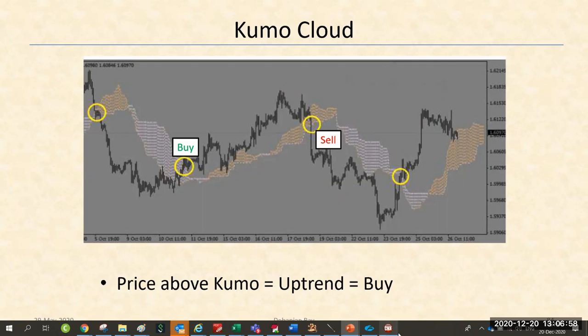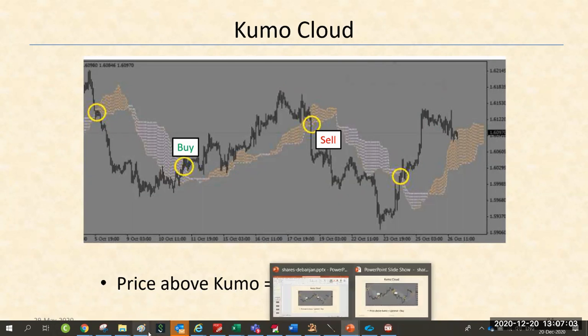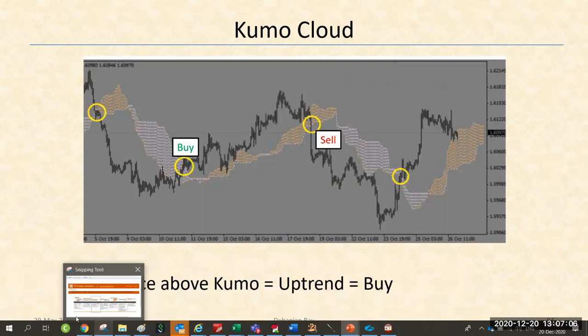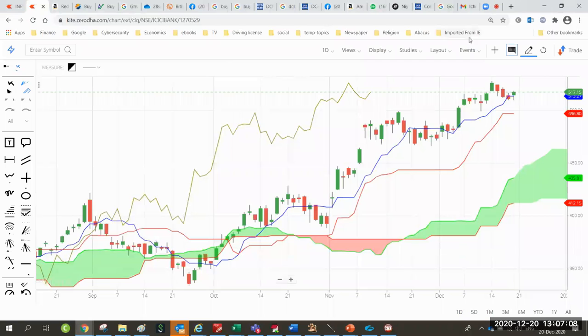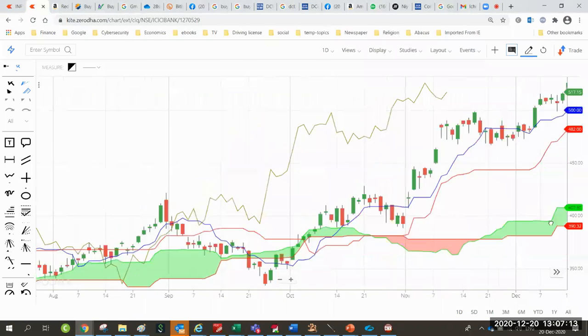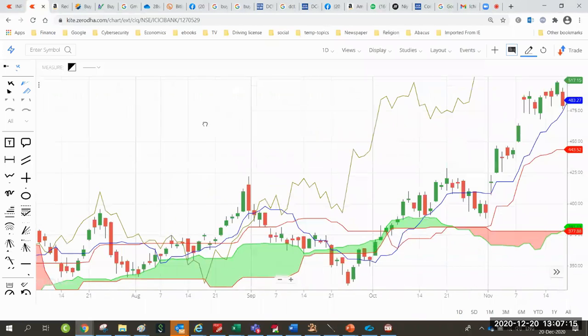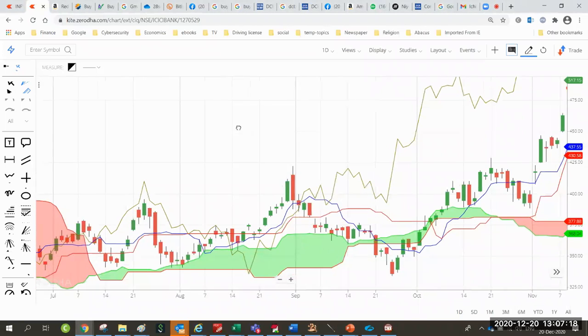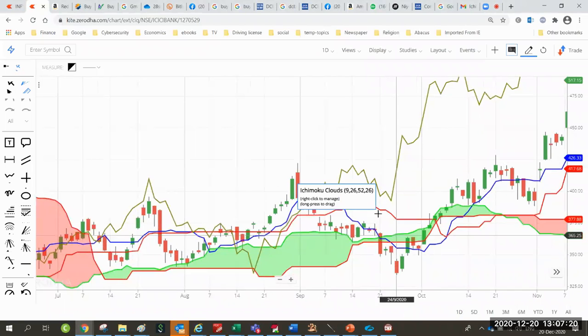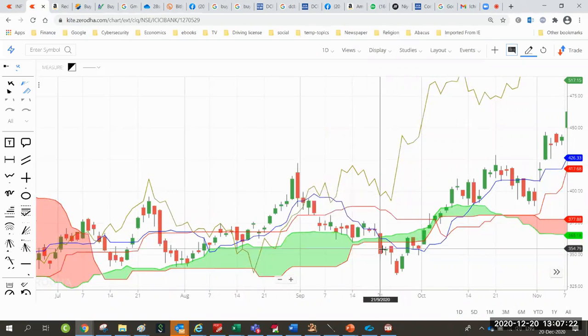Let's see again, say, ICICI Bank. We can see here that on 22nd of September, the price is falling below the cloud, so it is a sell signal.